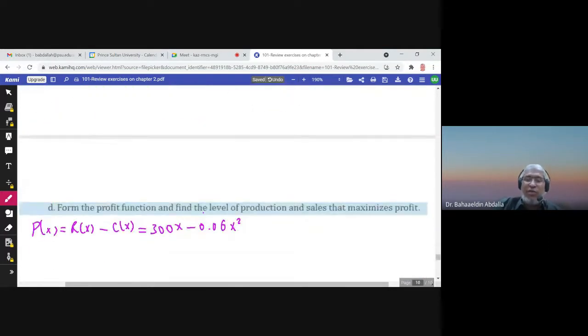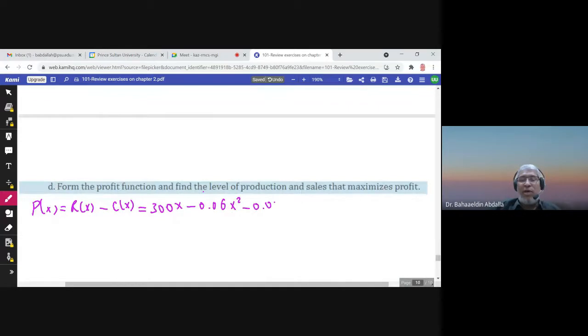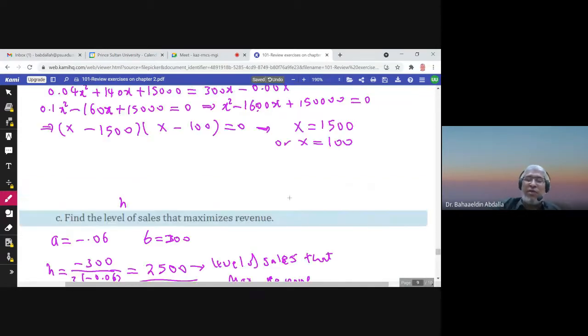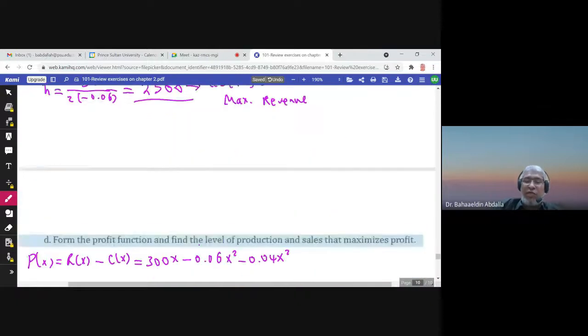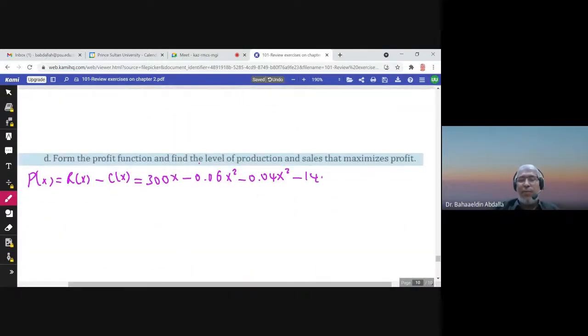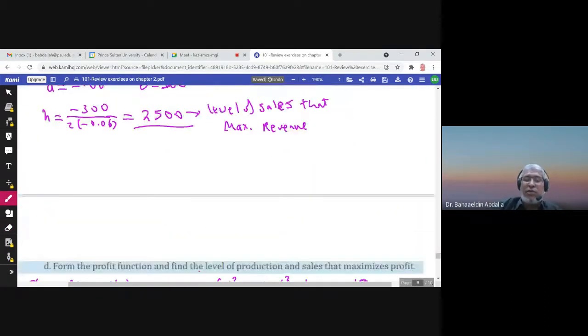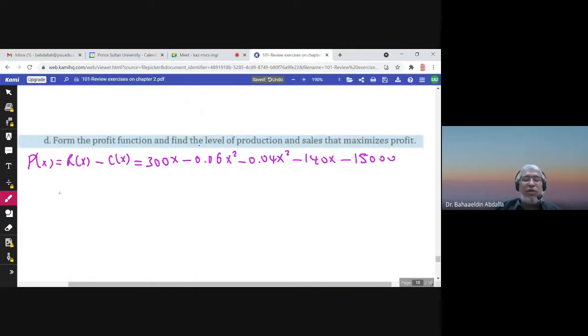I will multiply all terms by a negative sign: negative 0.04x squared, negative 140x, and negative 15,000. So the profit function would be negative 0.1x squared plus 160x minus 15,000. This is the profit function.